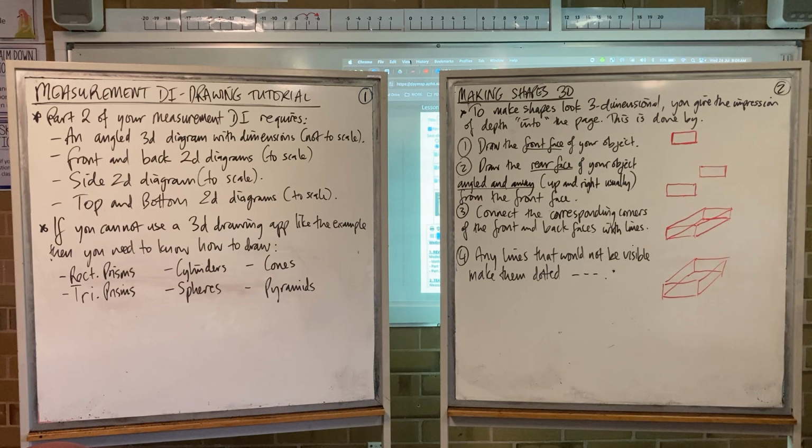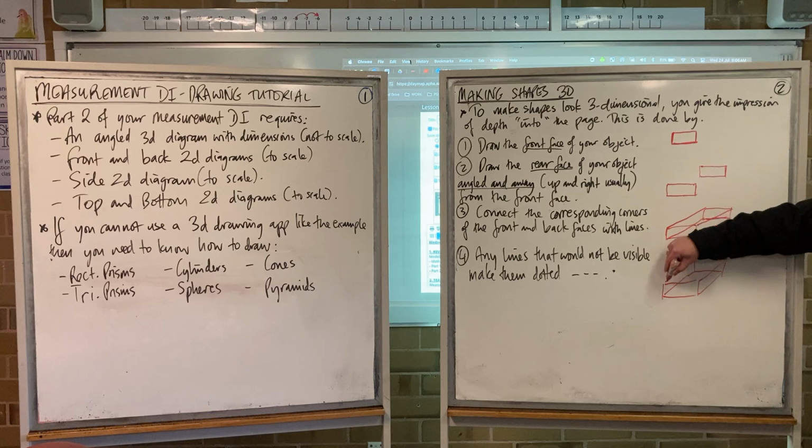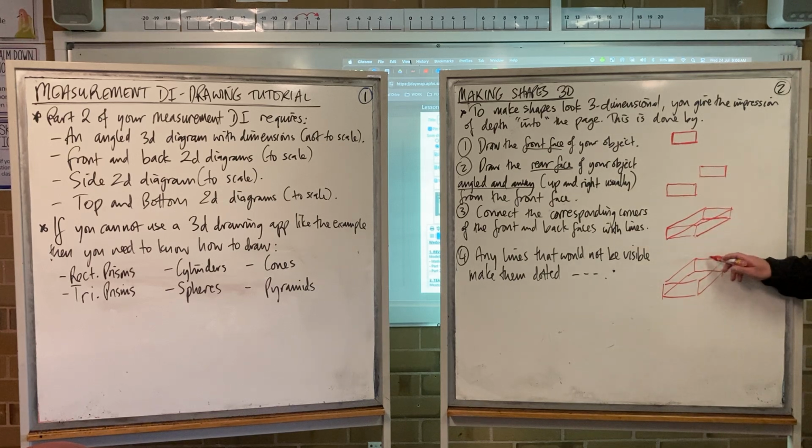Do you agree that if this thing was not see-through, you wouldn't see some lines there? So the last step, any lines that would not be visible, you make them dotted. Would this line be visible? Yeah. Would this line be visible? Yeah. This one? Yeah. The bottom of the rear, so I dot that.